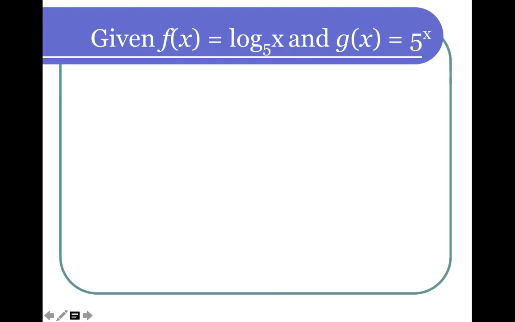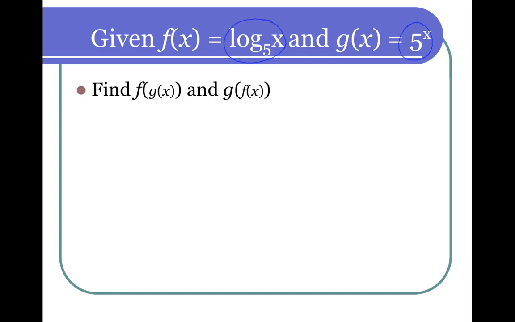Now we're going to look at log base 5, and maybe you know why. We're going to look at log base 5 of x and 5 to the power of x, and we're going to analyze these a little bit closer. Okay, so we're going to do this. Hopefully remember that this is composition of functions.